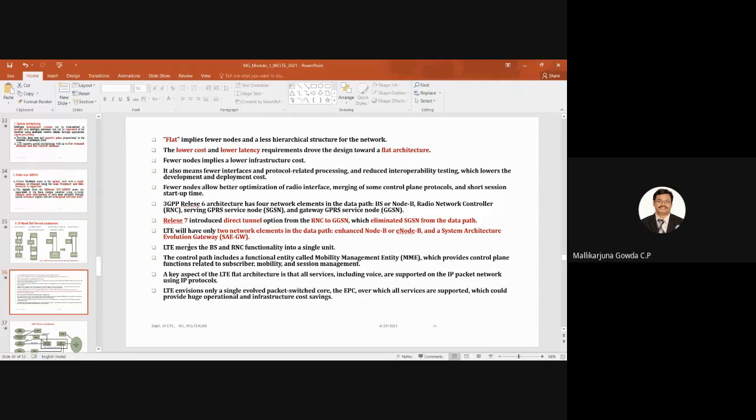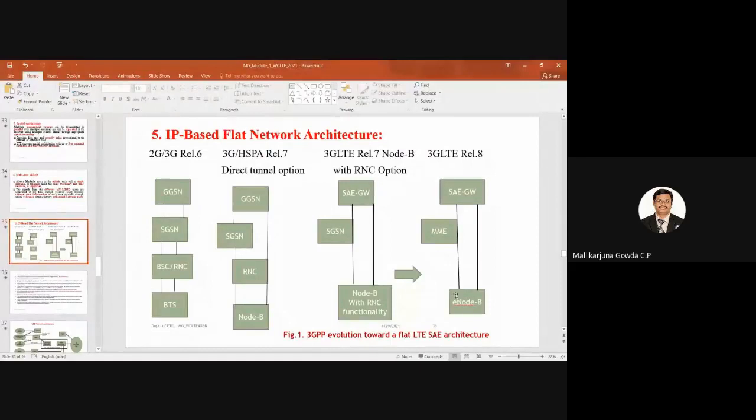So LTE has merged the base station and the radio network functionality into a single unit that is known as eNode B. And the control path includes the functional entity known as the mobility management entity, right? The mobility management entity is the element which is there between the eNode B and the SAE gateway through the control path.